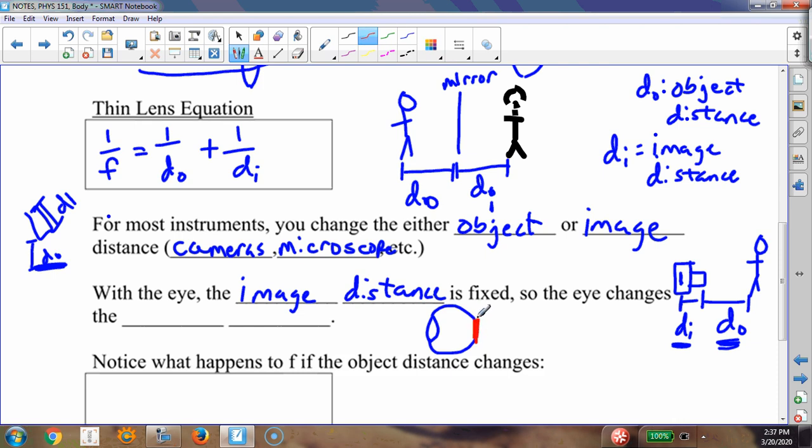So this is where the image forms, and so the distance from here to here is our image distance. And that image distance is always fixed. So the eye cannot change the image distance. The only thing it can change is the object distance if you're changing what you're looking at, or the focal length. So the eye will change the focal length.